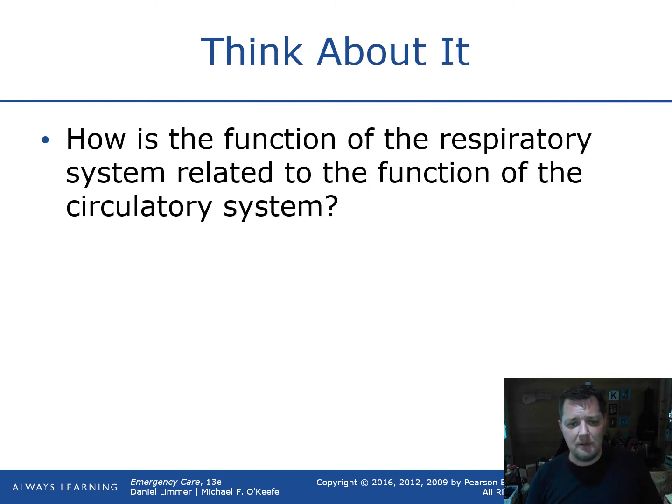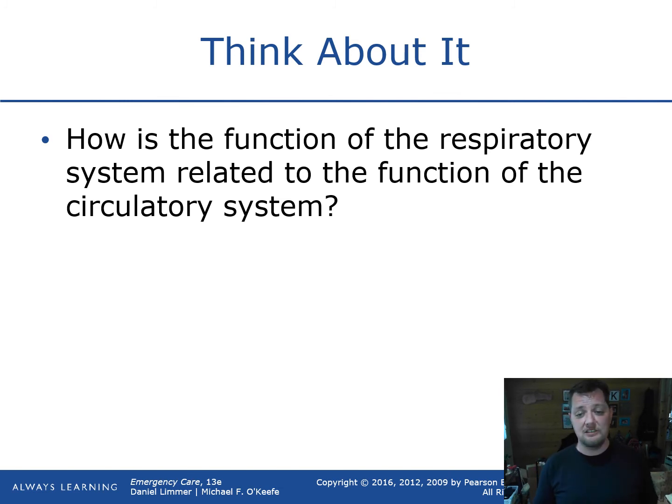All right, so let's think about this. How is the function of the respiratory system related to the function of the circulatory system? So you have to have oxygen, okay, to be able to oxygenate the blood, to give the blood the proper oxygenation. If you don't have that, then you don't have anything.